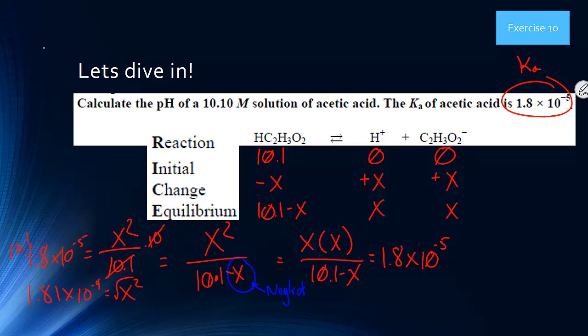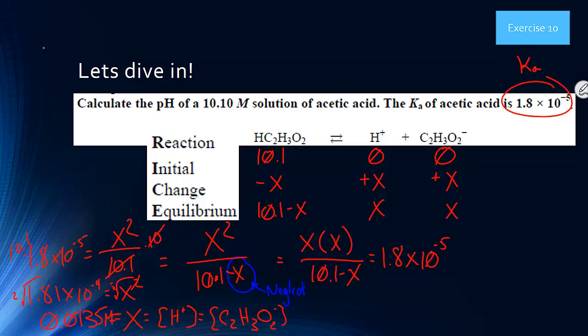Take the square root of both sides to determine the value of x, which is 0.0135 molar. Now that's the concentration of hydrogen, and while it's not important right now, you might want to get in the habit: it's also the concentration of the acetate ion.